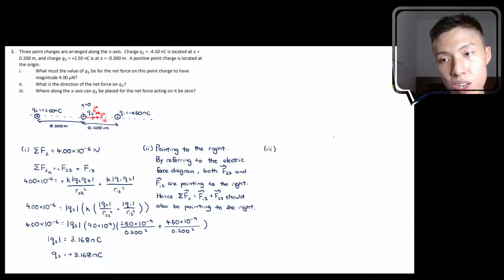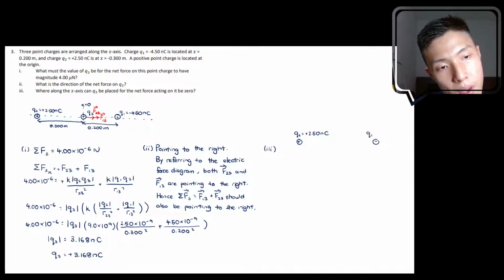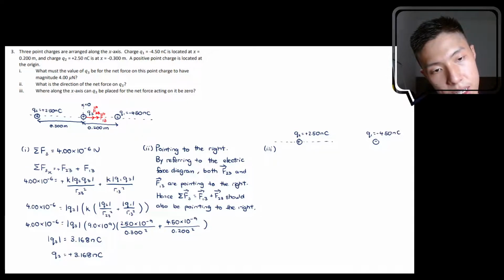So I'm going to recreate the situation. You have a positive charge Q2, and you have a negative charge Q1. Then I draw a dotted line representing the x-axis.